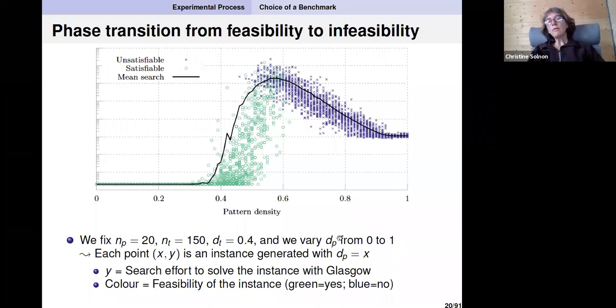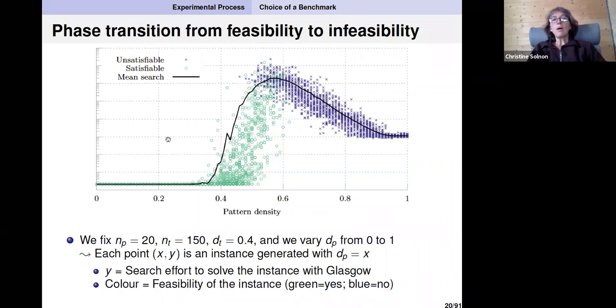And finally, we are going to vary the probability of adding an edge in the pattern graph. So when this probability is equal to 0, the pattern graph has no edges at all. And in this case, it is trivially a subgraph of the target graph. So in this case, all randomly generated instances will have a solution.